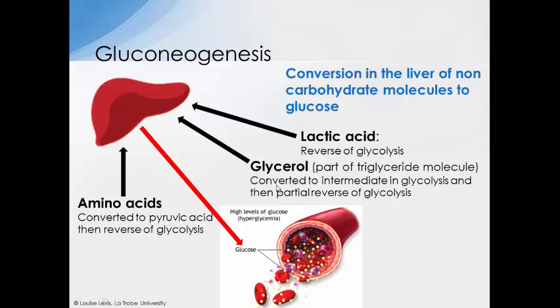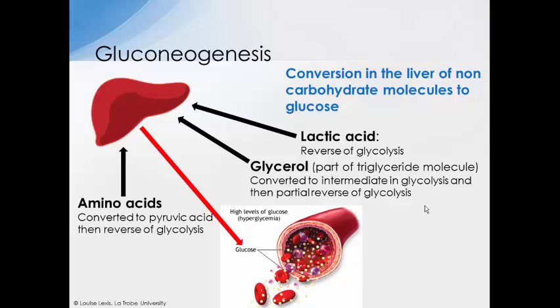Glycerol can be converted into what we call an intermediate in glycolysis. What that refers to is one of the substrates in glycolysis, and I'll show you this on a diagram in some following slides. And it's taken through then the partial reverse of glycolysis. So it's not taken through the whole pathway, but approximately half of the pathway.